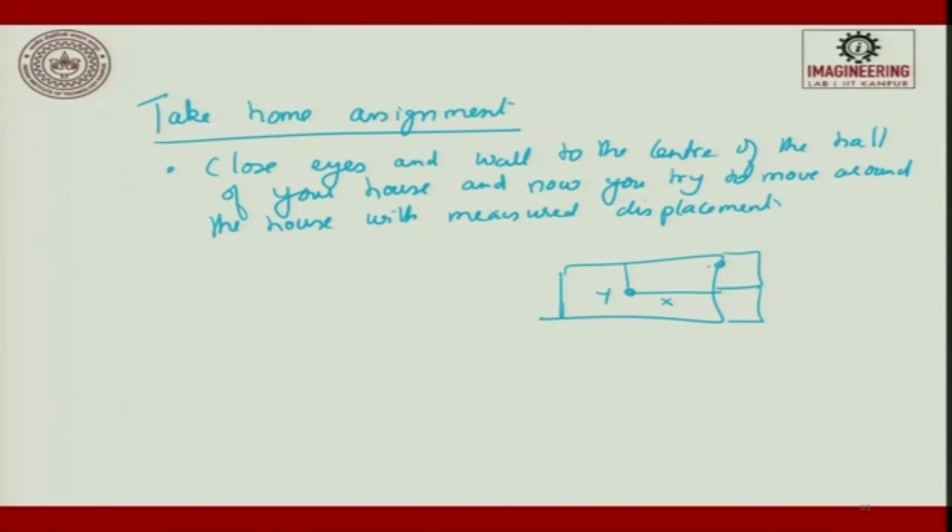So, when you do it, you will try to see multiple approaches. How does translation happen, whether we move along here and then go here, or from here go here, or we go diagonally.